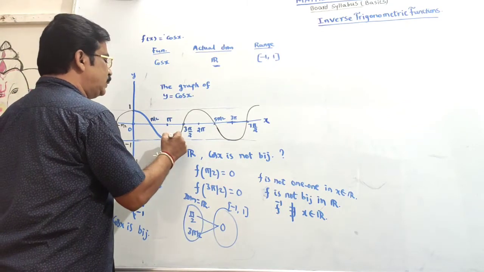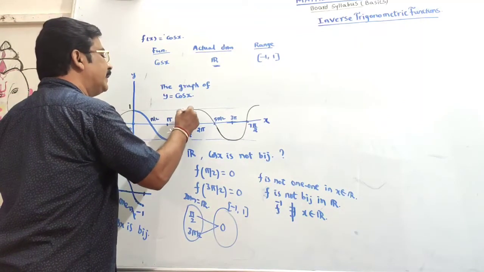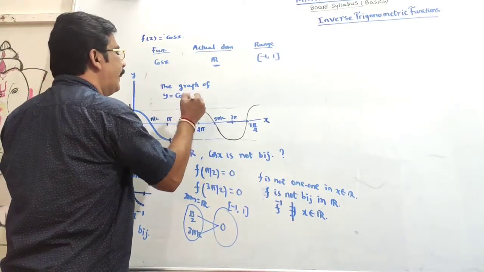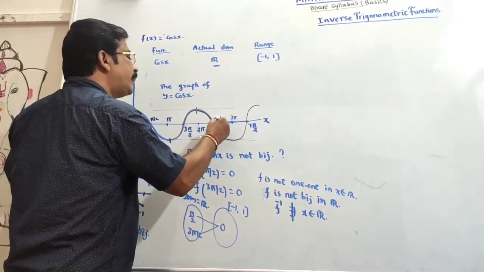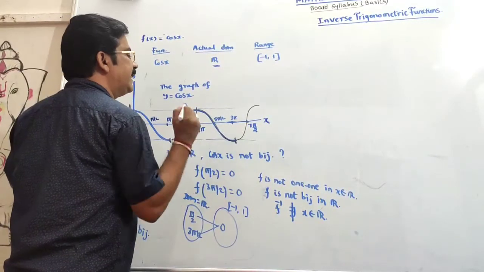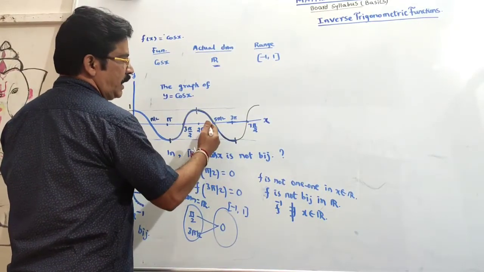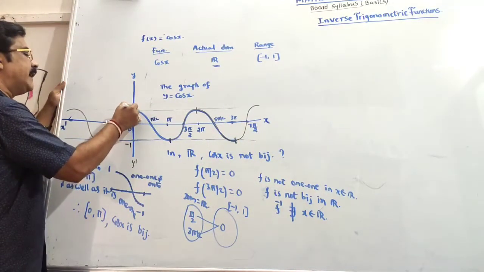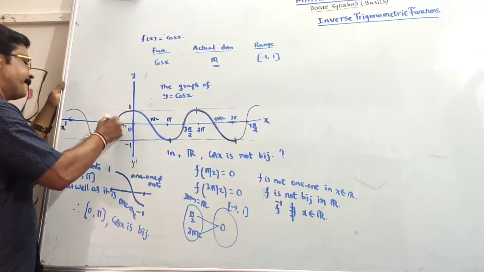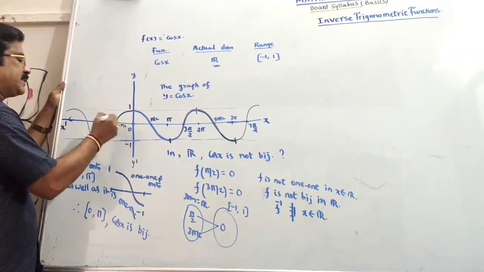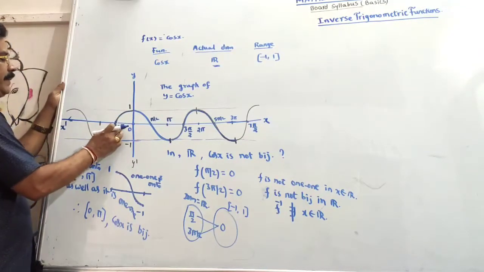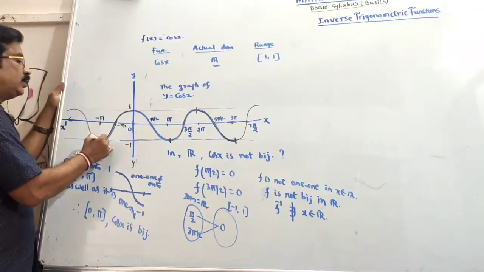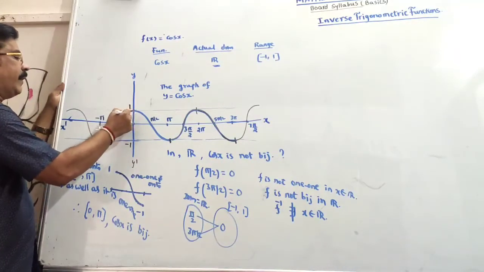Later pi to 2 pi in this area also it is bijective. Later 2 pi to 3 pi in this area it is also bijective. So infinite intervals are there. Similarly on the negative side, minus pi to 0 it is bijective.